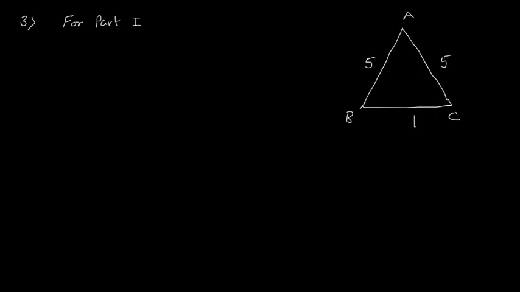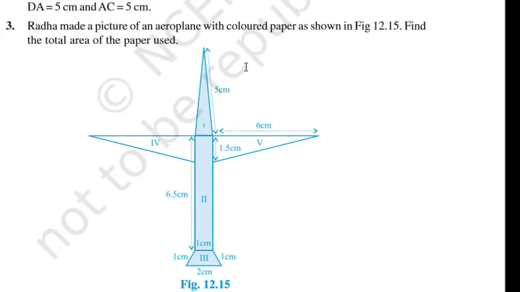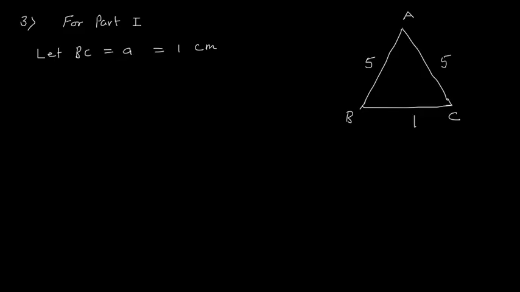Okay. So here I will say that for part 1, let we take BC is equals to a is equals to 1 centimeter. This dimension is in centimeter, fine. Then AC equal to, I will take small b is equals to 5 centimeter, and then AB is equals to, I will take c as equals to 5 centimeter, and I will find value of s, which is semi-perimeter, that is (a plus b plus c) divided by 2.